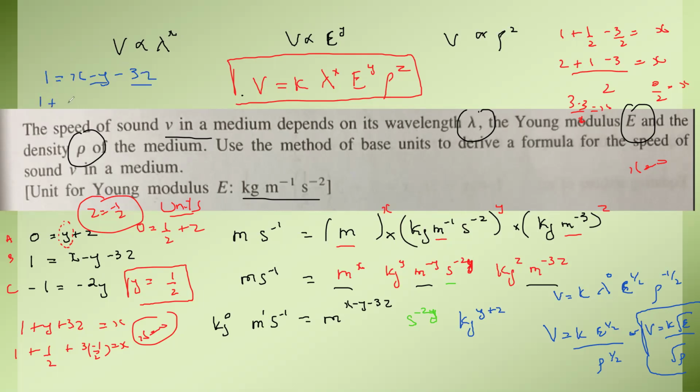So 1 plus y plus 3z was equal to x. And then I substitute the value of y and the value of z, and I get the value for x. That whole is equal to 1. Is it clear? Any doubts?